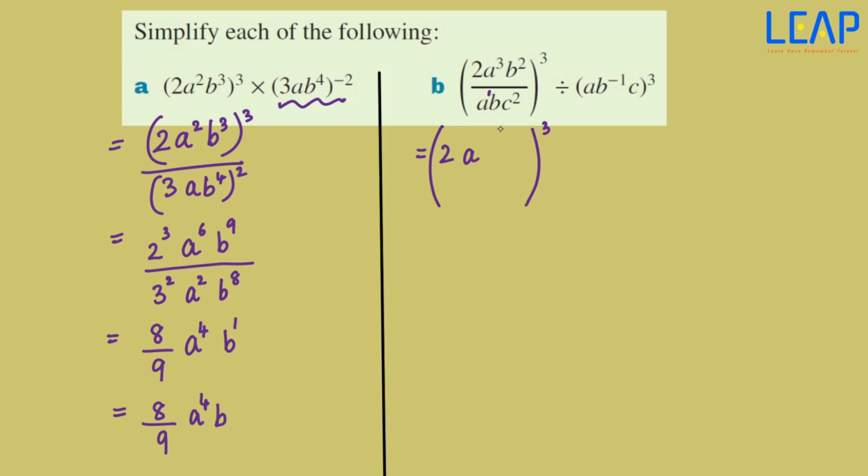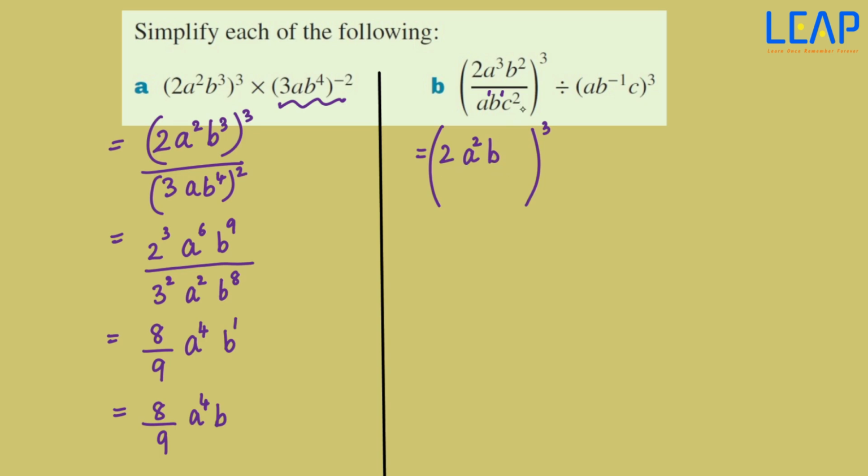So apply the law of index 2 and subtract the exponents. 3 minus 1 makes it 2. Then go to b. You have b squared here and then divide, and there's only 1 b here. So that will be 2 minus 1, which is 1. I can choose to write 1 here, or I can just leave it as it is. I would just leave it, okay?